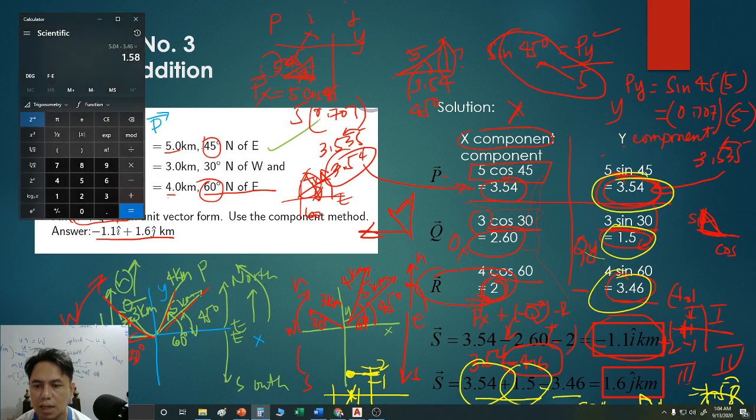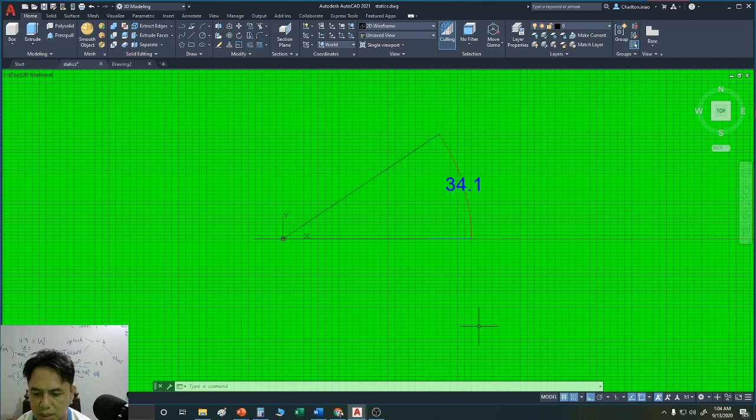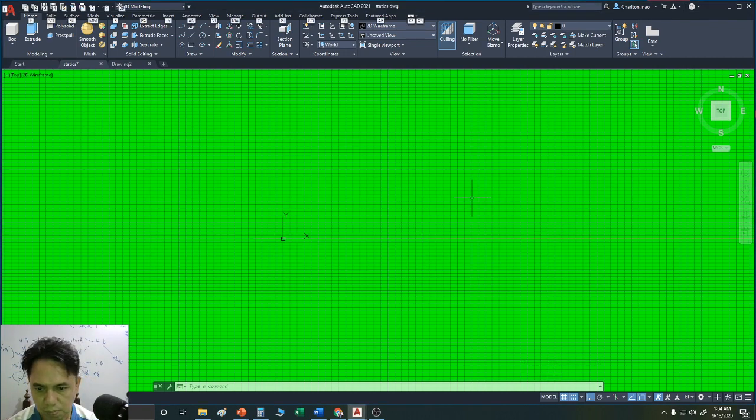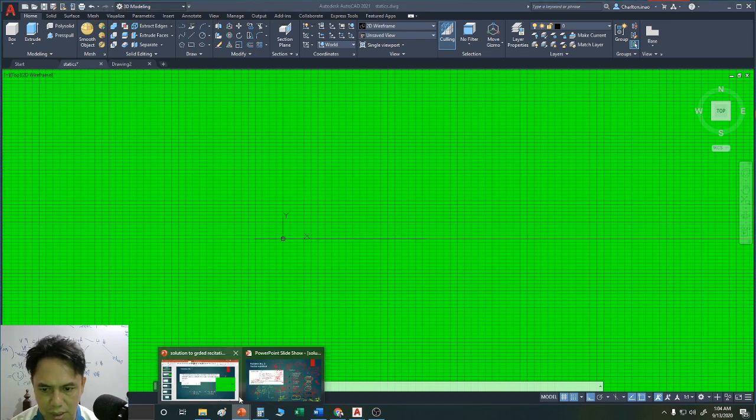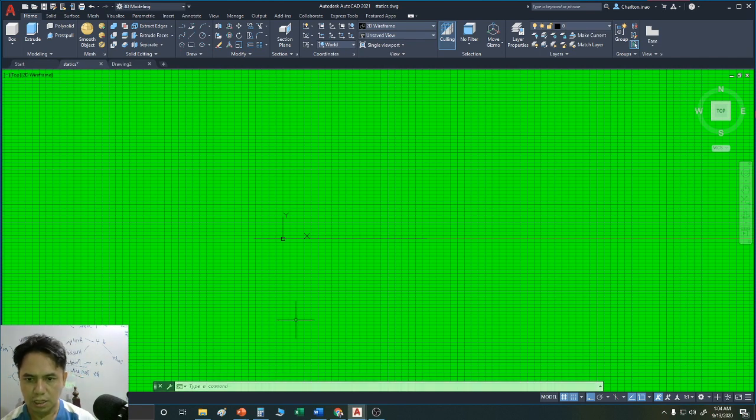Let me use the CAD so that you will see. Negative 1.1 and 1.6. Let me erase this. So negative 1.1 and 1.6.